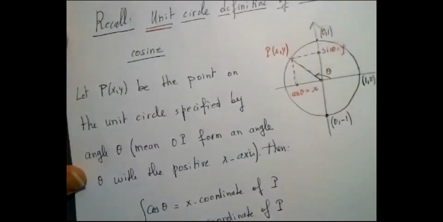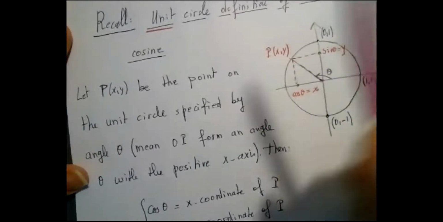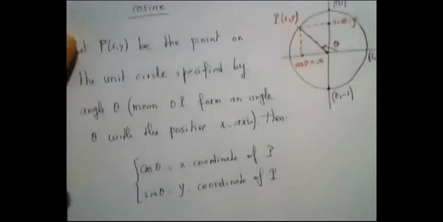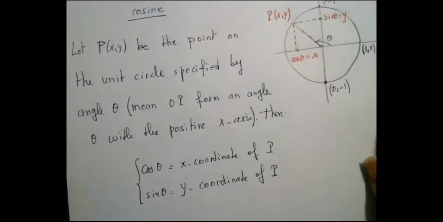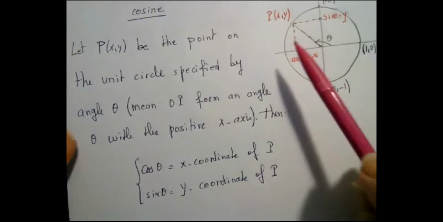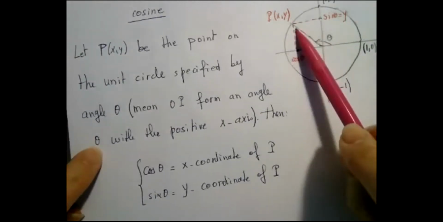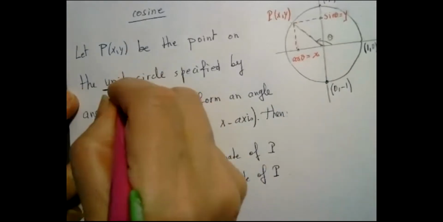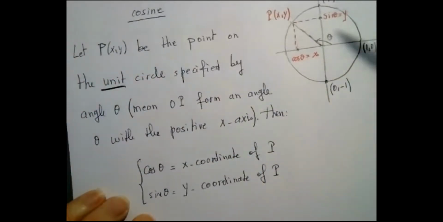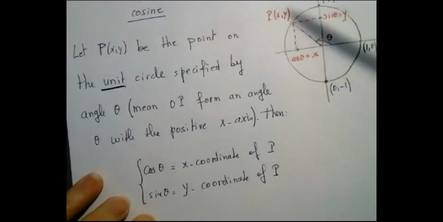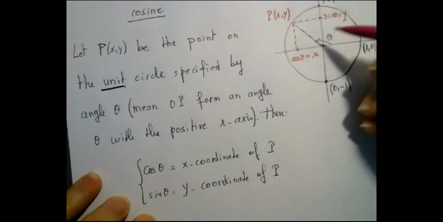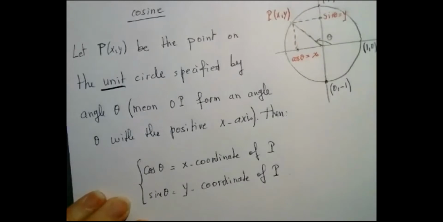Very good. So let us recall a little bit what we did: the unit circle definition of sine and cosine. Just to remind you, what's the sine and cosine? We take a point P on the unit circle, which is specified by the angle theta. What does it mean, specified or determined? It means the line OP forms an angle theta with the positive x-axis.